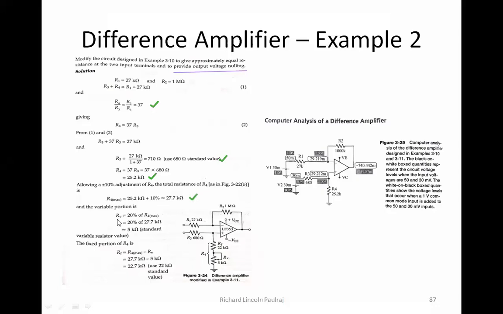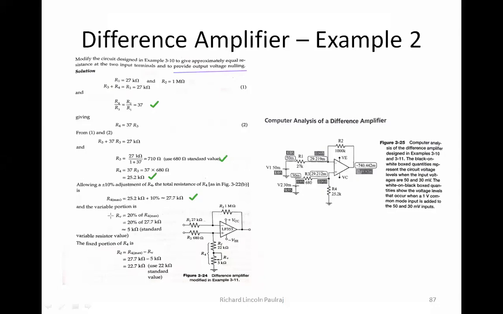And the variable portion now. The variable resistance that we are going to put is about 20% of the maximum value of R4. That's the thumb rule: I'm going to have RV in such a way that it is 20% of the maximum value that R4 can attain. The value of R4 is not important, but R4 max is important. Why is R4 max important?